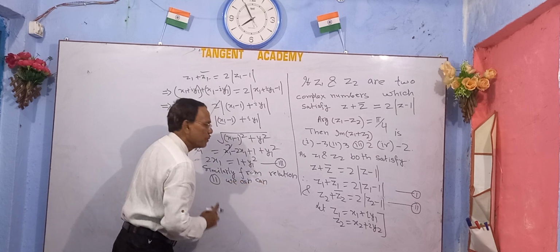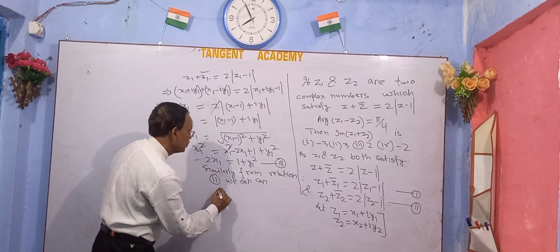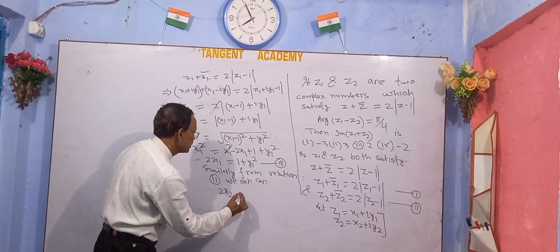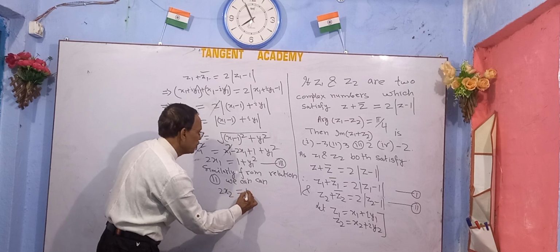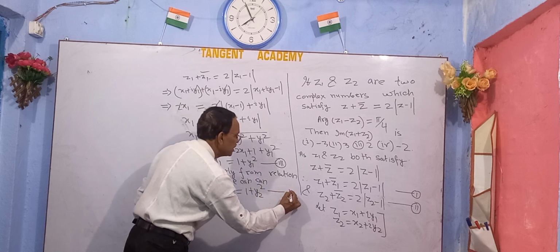Similarly, from relation 2 we can get 2 times x2 is equal to 1 plus y2 square.